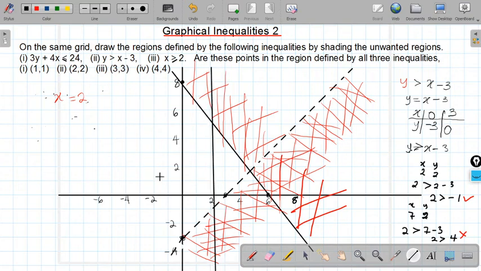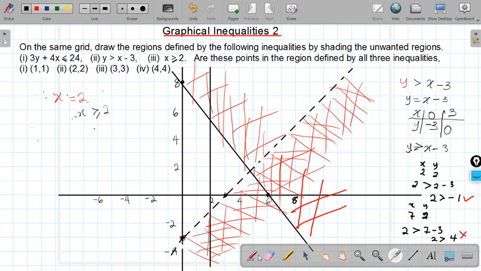Now at this point, since x is greater than or equal to 2, we are going to have a solid line. All these points here are greater than or equal to 2, while all these points here are less than.